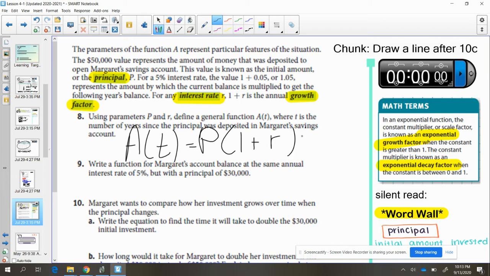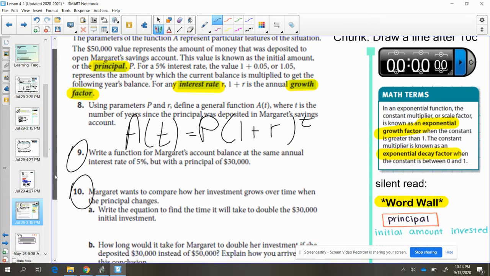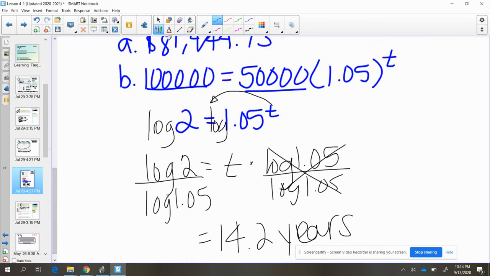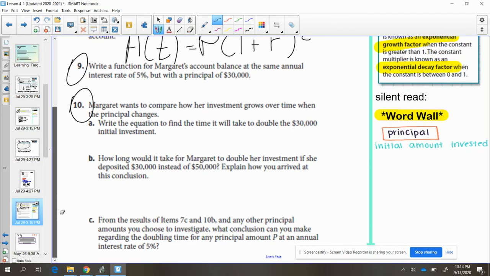And what I want you to do for 9 and 10, basically parts A and B here, is essentially very similar to what we did here. You want to set up and solve, either by using the intersect on a calculator or logarithms, how long it's going to take Margaret to double her money yet again. So you're basically completing 9 and 10 right now.